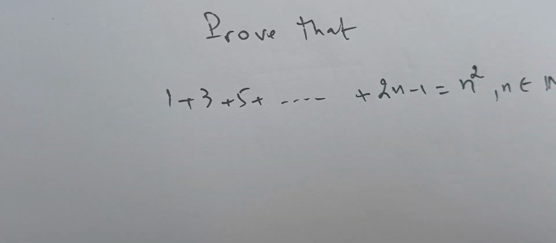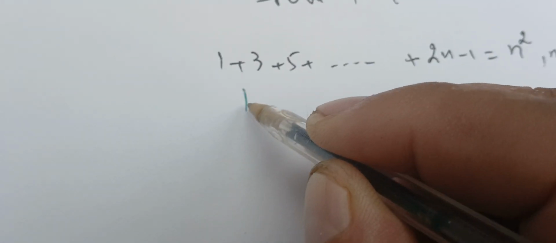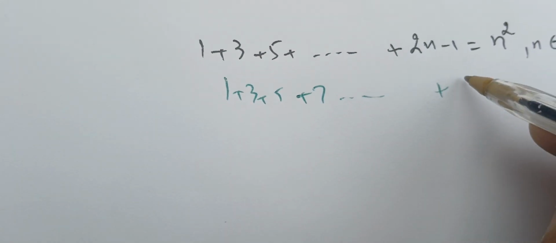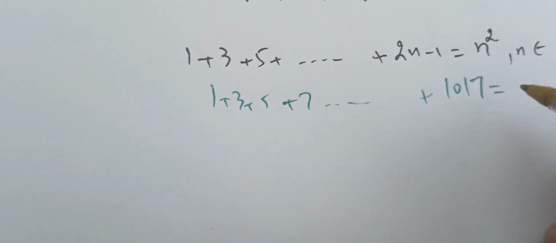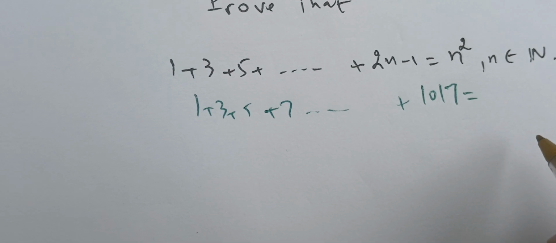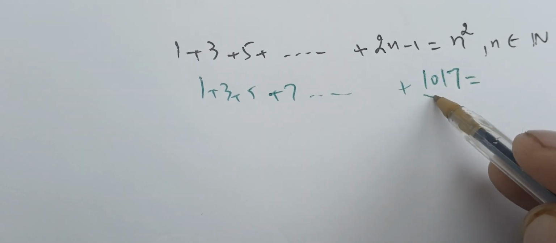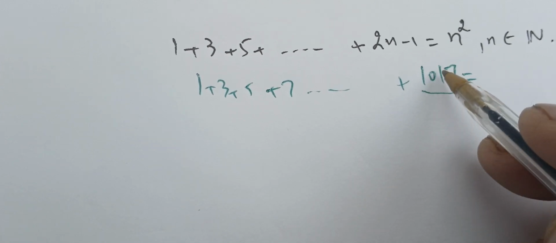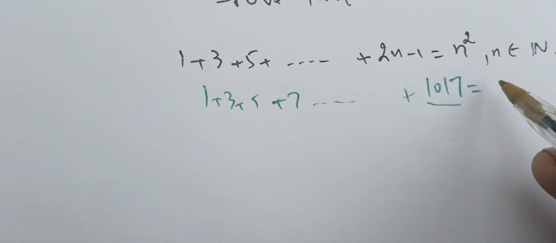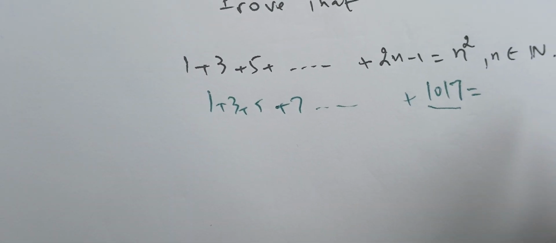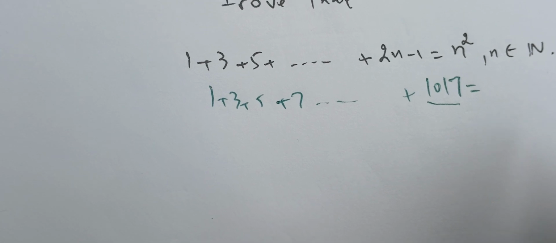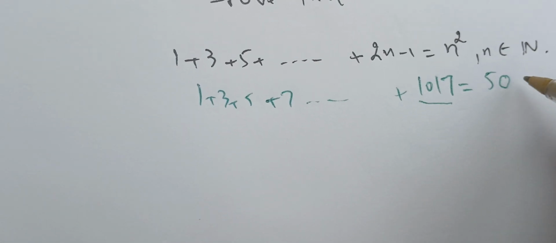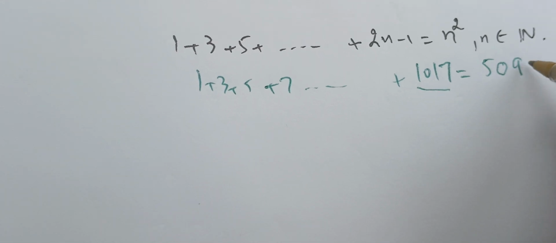That means that if we want to compute 1 plus 3 plus 5 plus 7 up to 1017, what's this sum? So this sum is this last number plus the next, so 1017 plus 1 is 1018, divided by 2 is going to give us 509 squared.